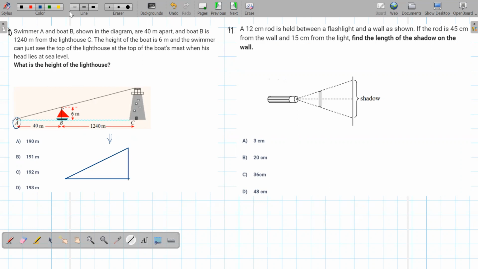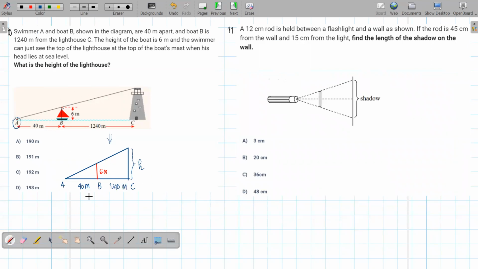Then I can see the boat. The boat is here. The height of the boat is 6 meters, and the height of the lighthouse is what we are going to find. From A to the boat is 40 meters, and from the boat to the lighthouse is 1240 meters.